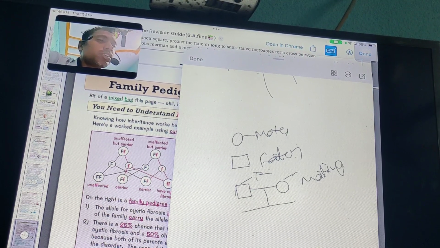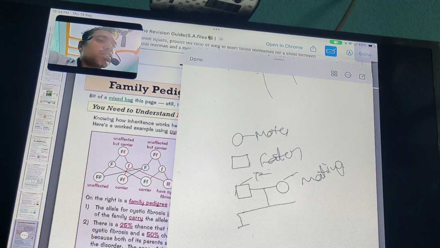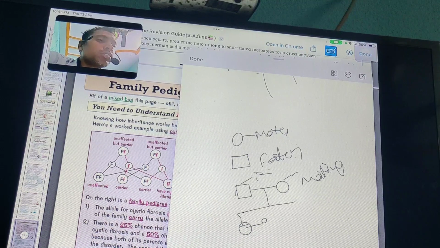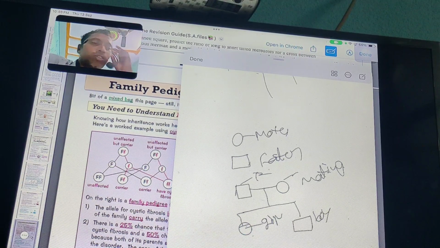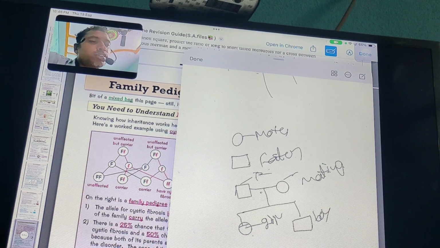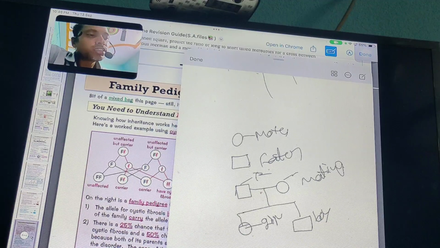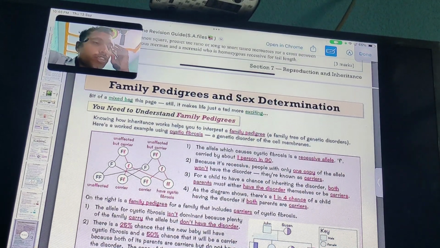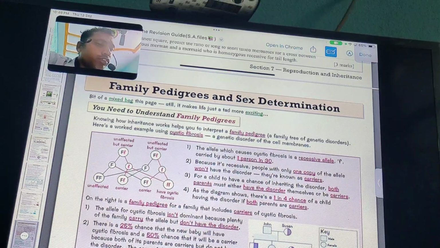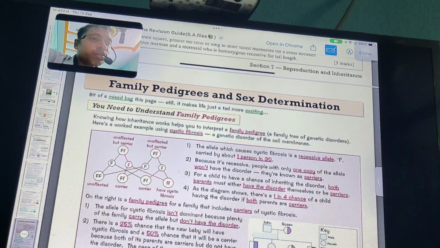Their children include boys and girls. The unaffected boys are shown the same way, with symbols for male and female.